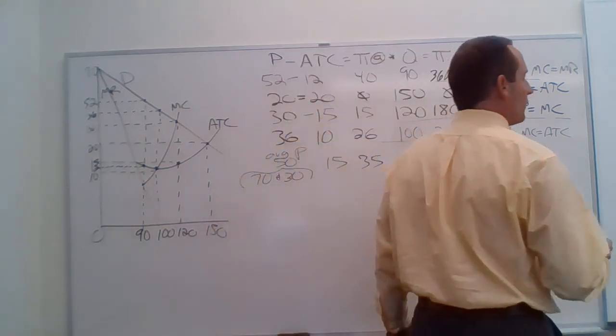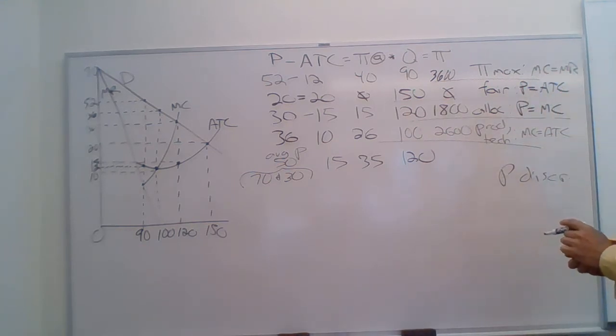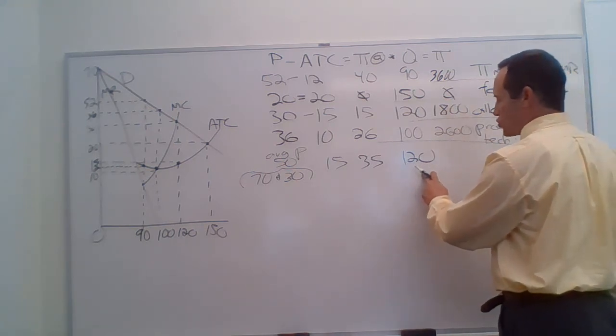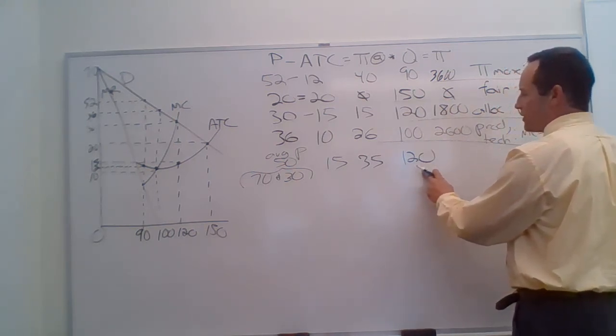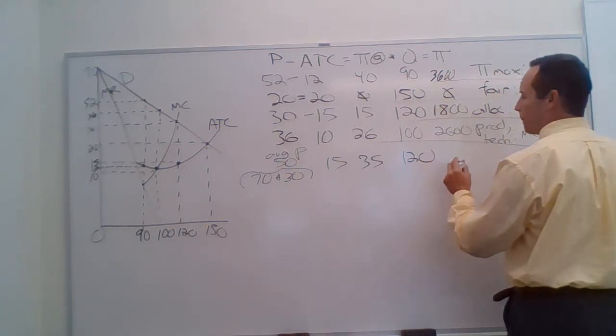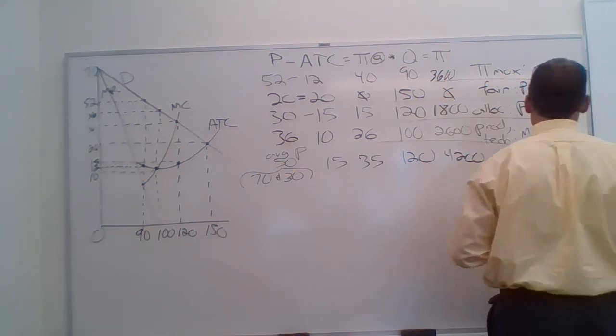So we have 35 times 120 for our total profit there, which will be 4,200 if my math serves me correctly.